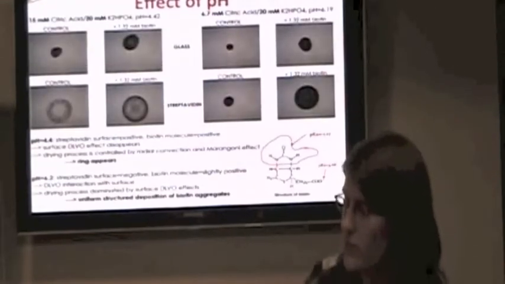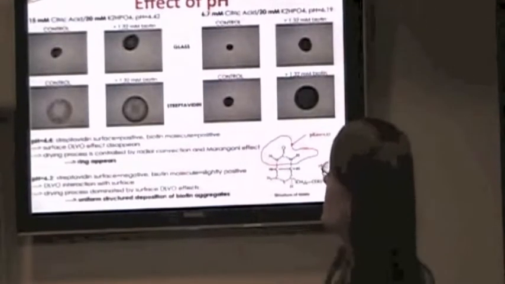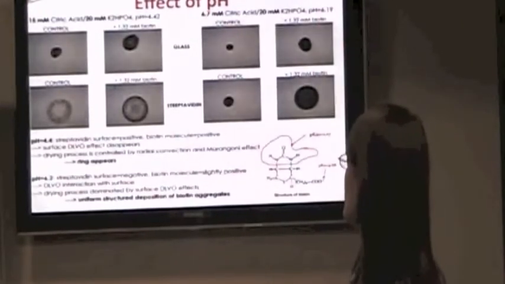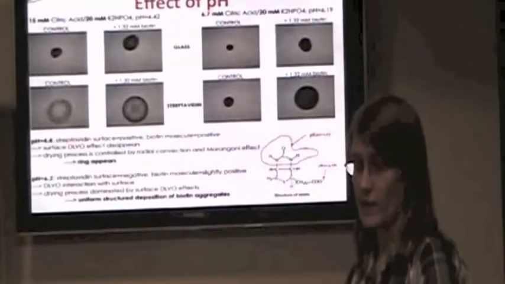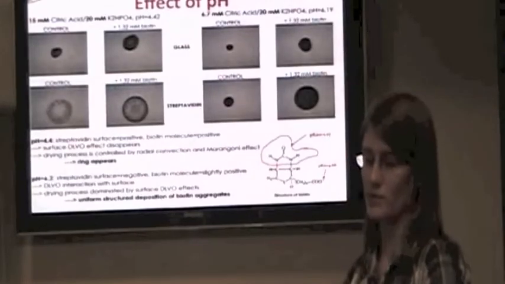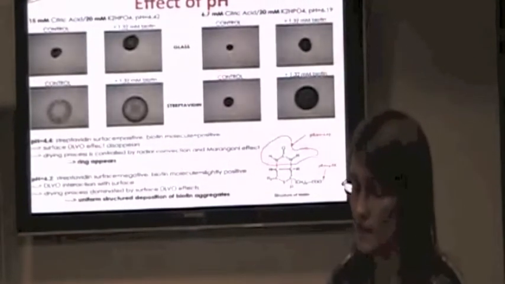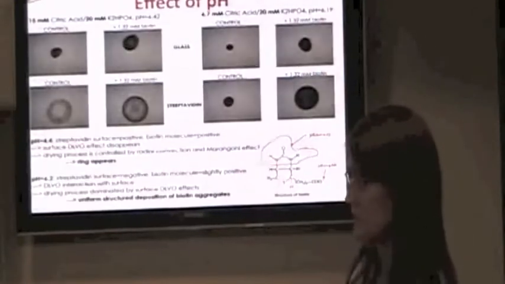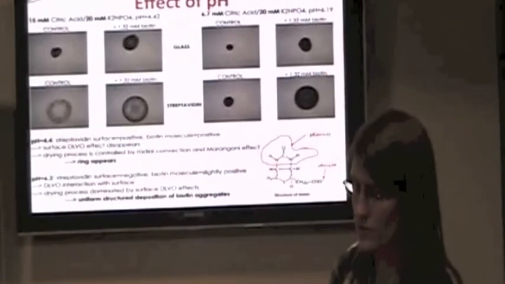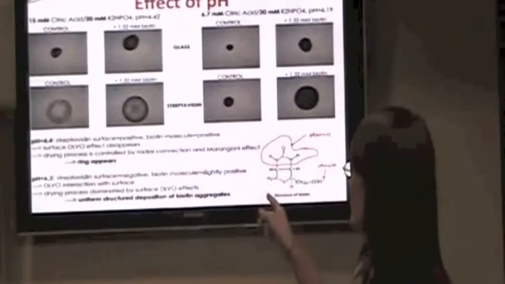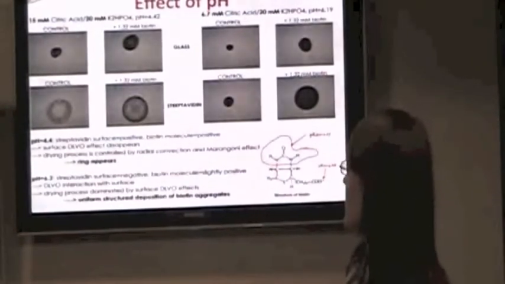Then we looked at the effects of varying the pH of the solution. The pI of the streptavidin is about 5, so when the pH is lower than 5, you're going to get a more positive charge on the surface, which would be on the left-hand side, the pH 4.4.